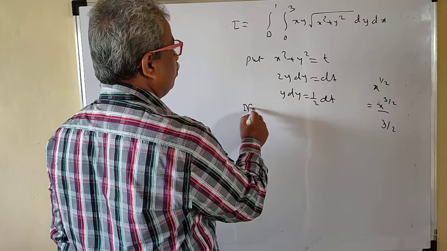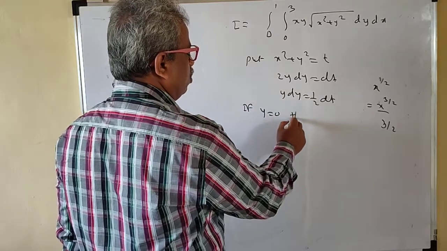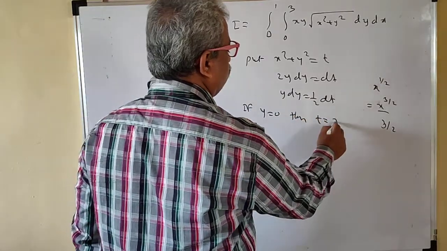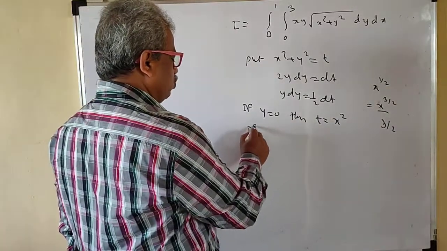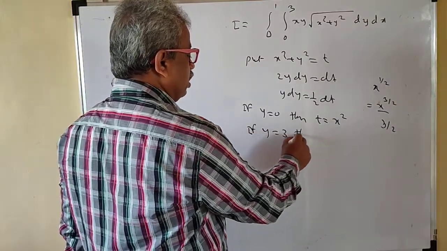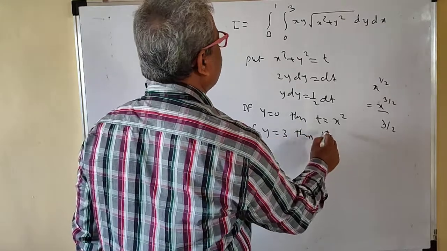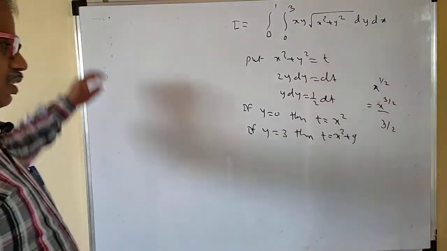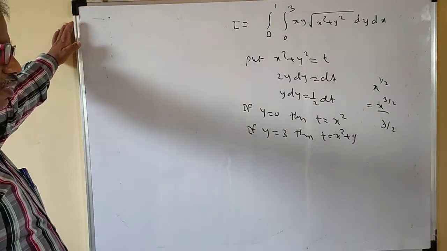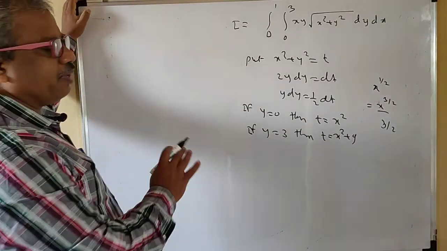Okay. So if y is equal to 0, then t is equal to x square. If y is equal to 3, then t is equal to x square plus 9. Whatever this is, don't worry about this one. Limits are this. So limits are variable. Okay.